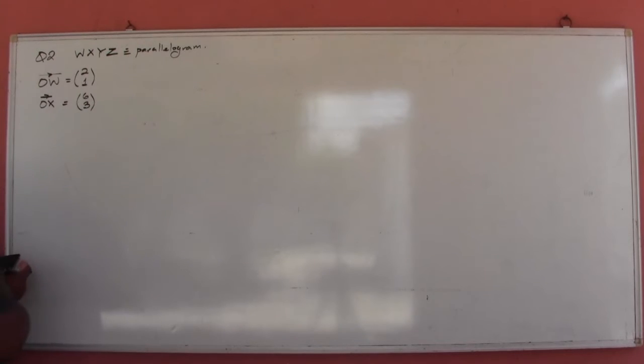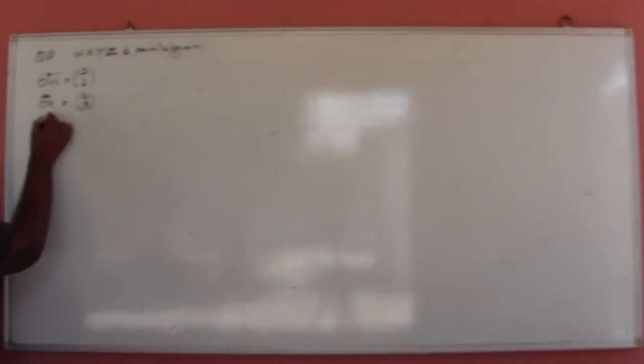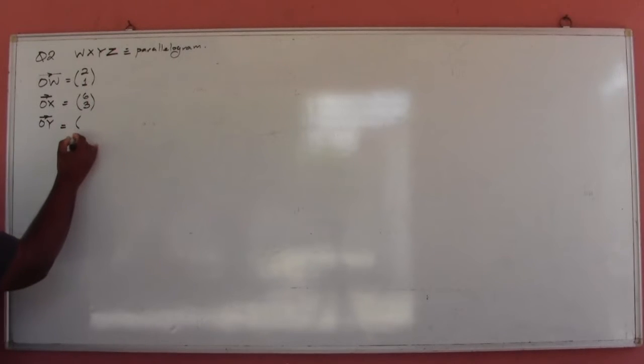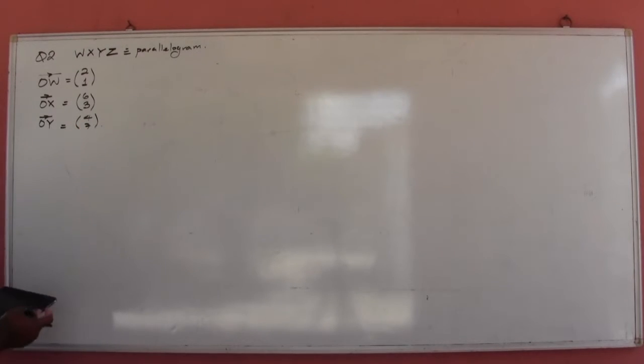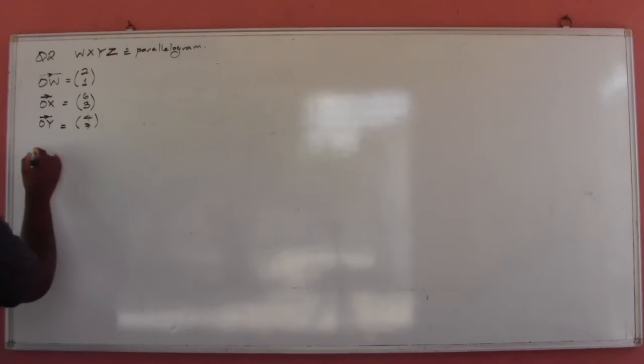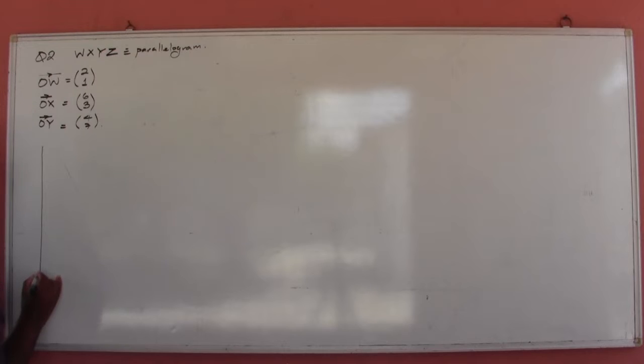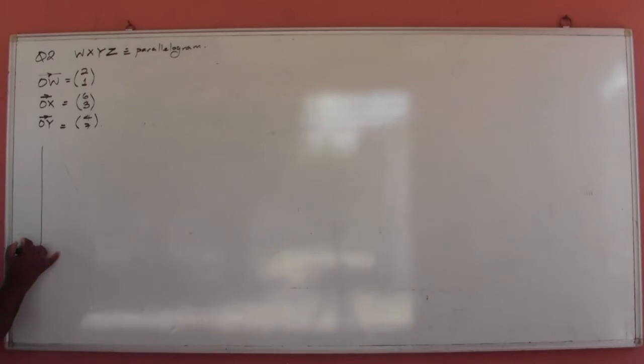And the position vector of Y, OY, is the vector (4, 7). If we wanted to, we could draw a diagram just to show the different positioning of the points. So let's do a quick diagram.